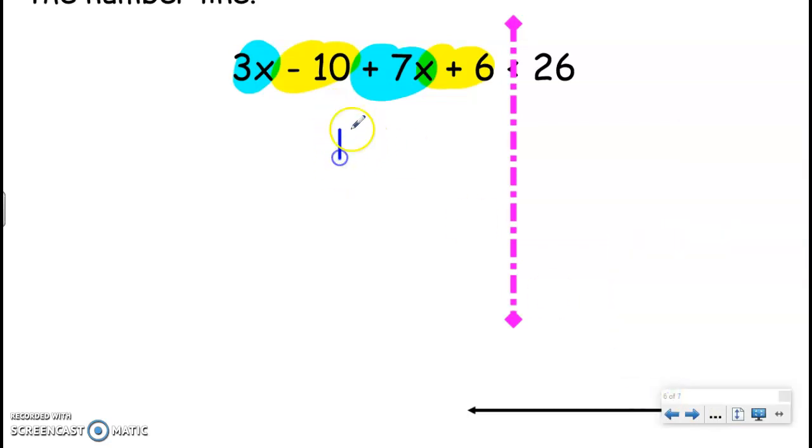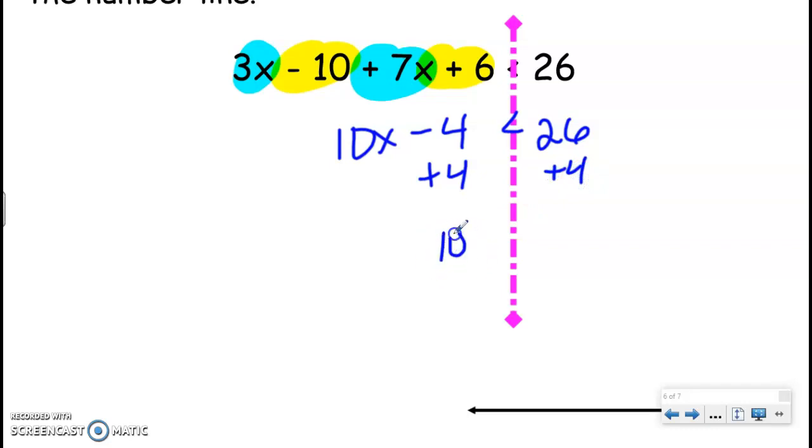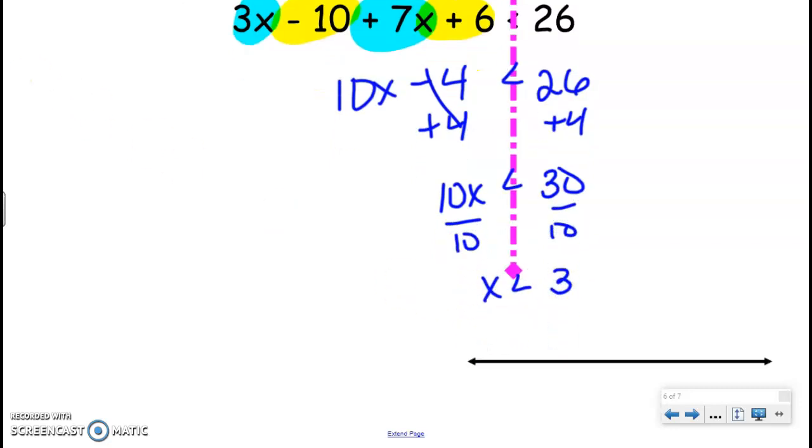So 3x and 7x is 10x, negative 10 plus 6 is negative 4, less than 26, and then we're going to solve. So add 4 to both sides to get 10x is less than 30, and then divide by 10. This time I didn't have a negative number when I divided, so I don't need to flip my sign.